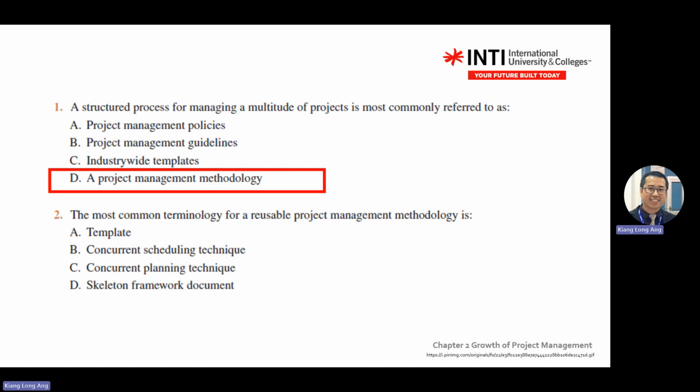Guidelines, normally they are linked to policy. You rarely use guidelines in project management. Okay. Policy, yes. Okay. Number 2, the most common terminology for a reusable project management methodology is, this one is not inside my slides.